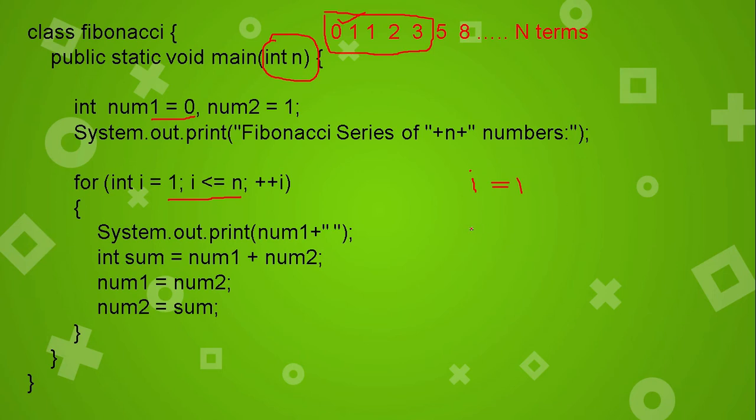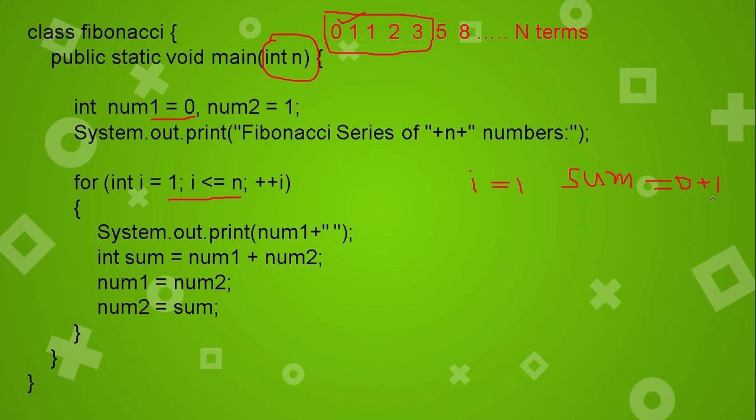Sum is equal to num1 plus num2. That means num1 is 0, 0 plus 1, which means 1. So in sum, what is there? 1 is there. It is visible from here.